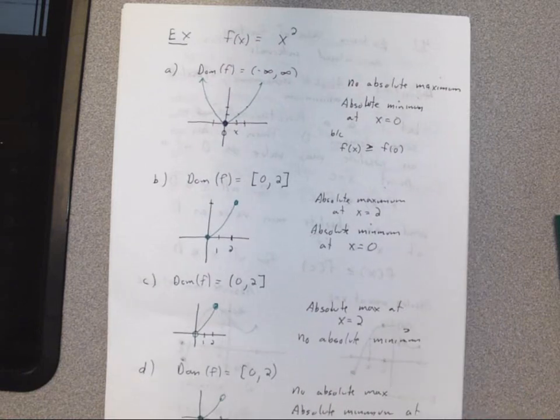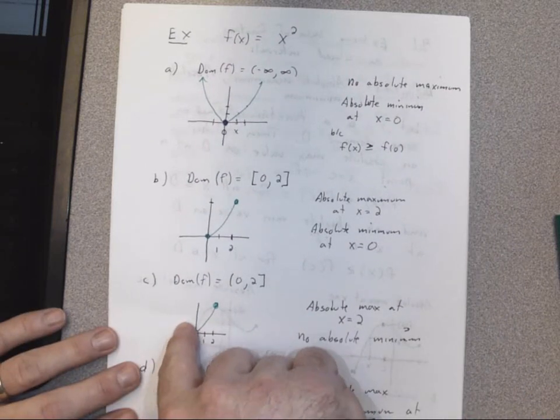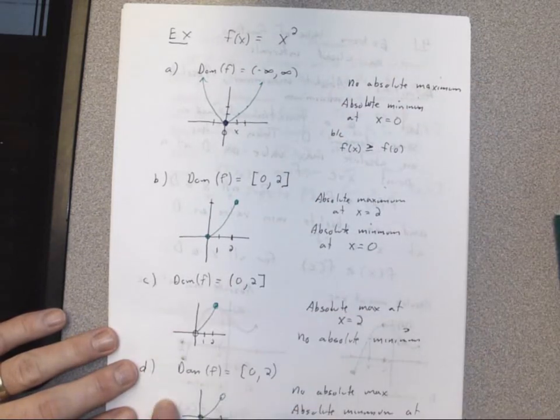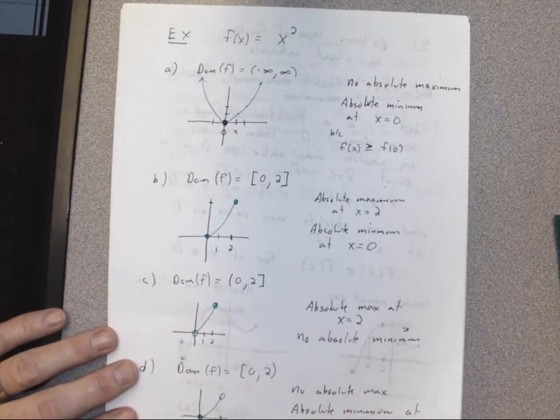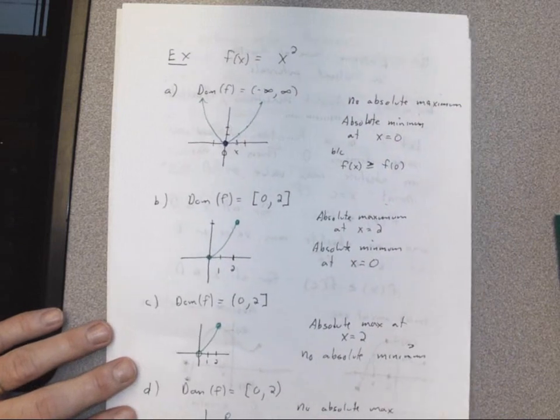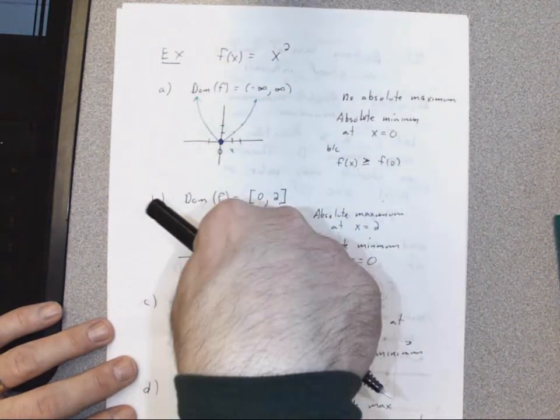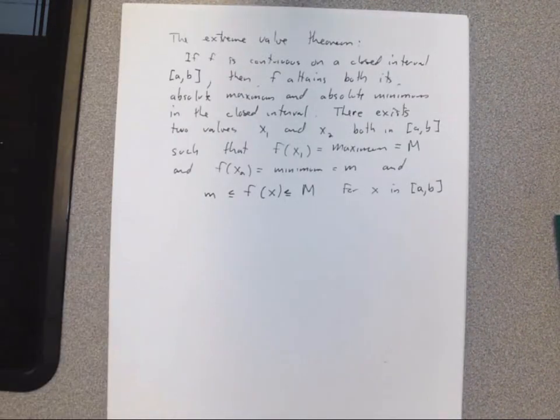It's possible that it has none of them. If you have x cubed on an open interval from minus infinity to infinity, it has no absolute max or absolute min. So if we have a continuous function on a closed interval, you're guaranteed to have both.